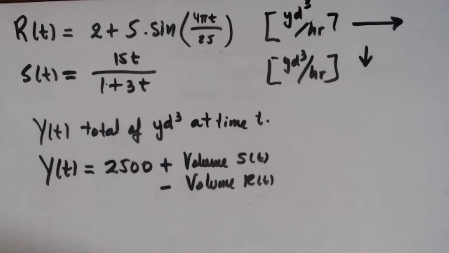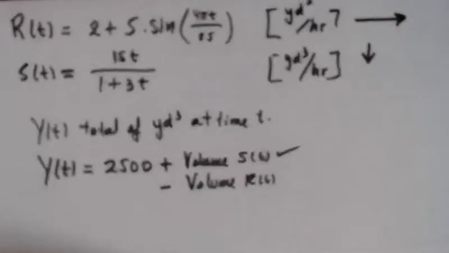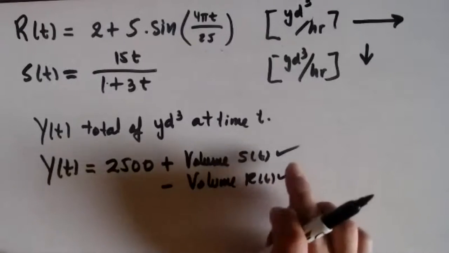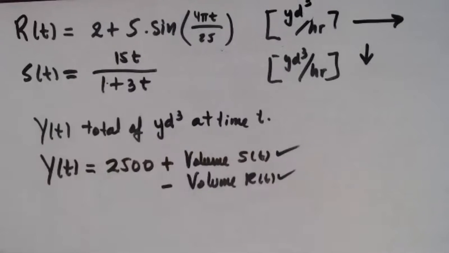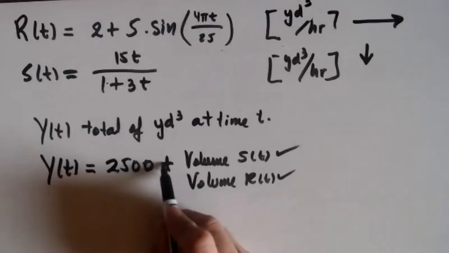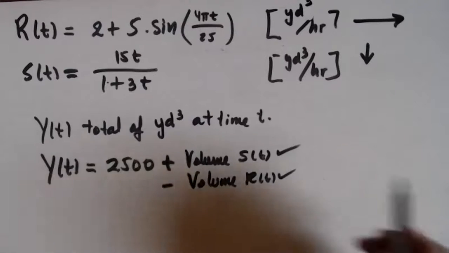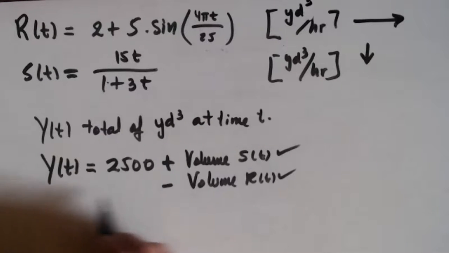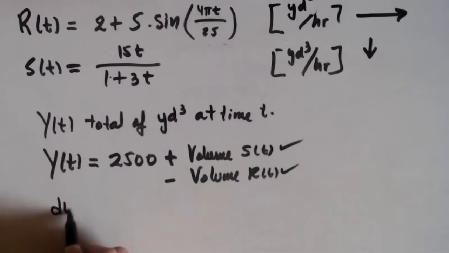So the situation here is very simple, right? So how do you get these ones? Let's see, this volume and this volume. What is this volume? Well, this is going to be simple. dV/dt, volume R, right?